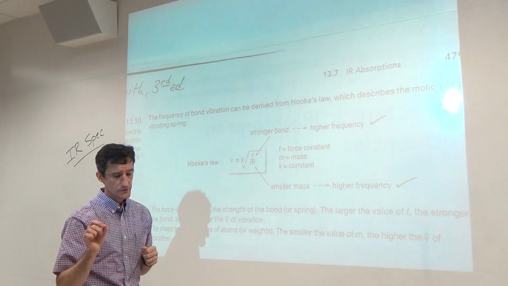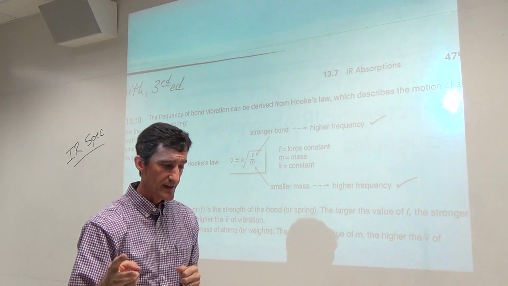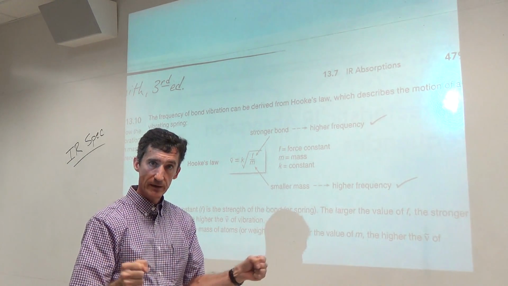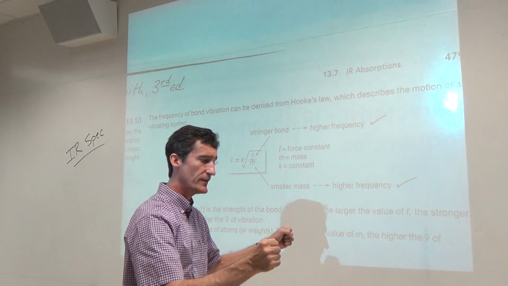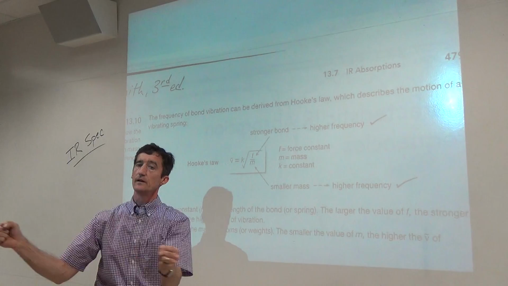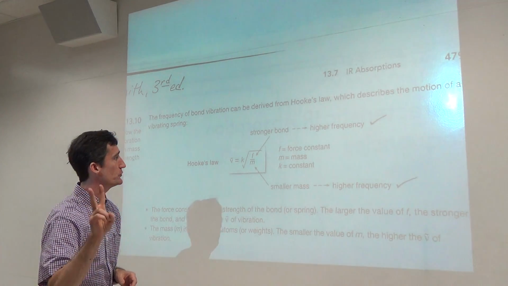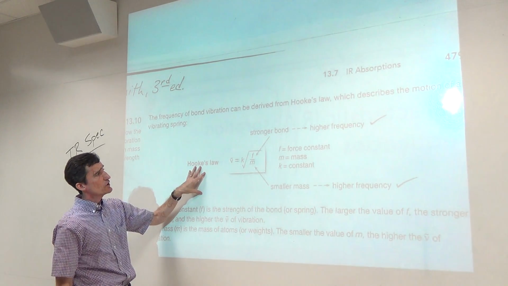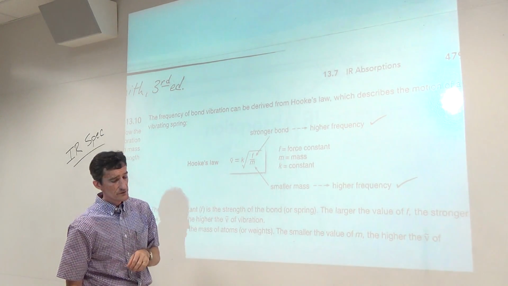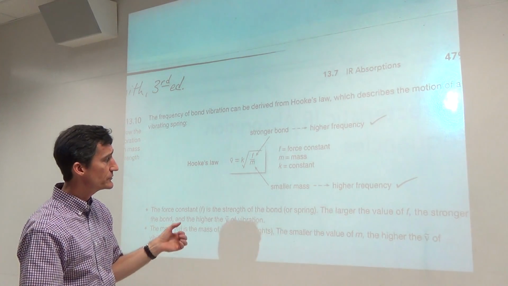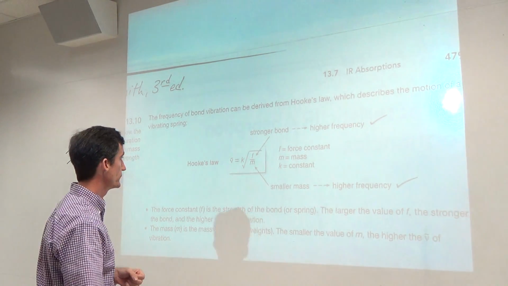For us, it's important to understand that there are two things that affect how a bond vibrates. Why does this bond vibrate slow, but this bond vibrates faster? Two things. The answer to these can come from Hooke's law. Now, Hooke's law is taught in physics when you talk about springs. Just a standard spring stretching. Okay?